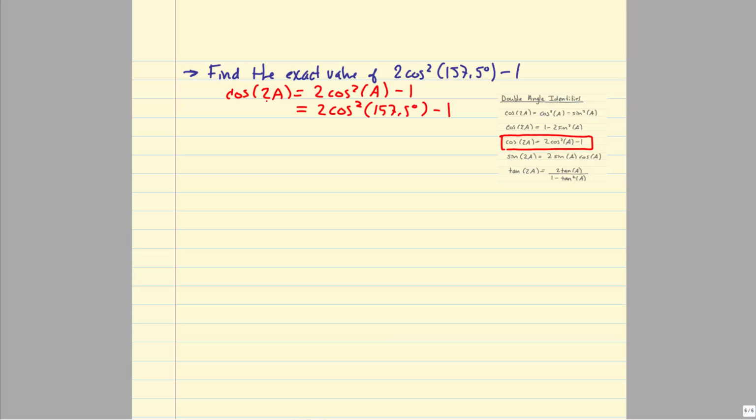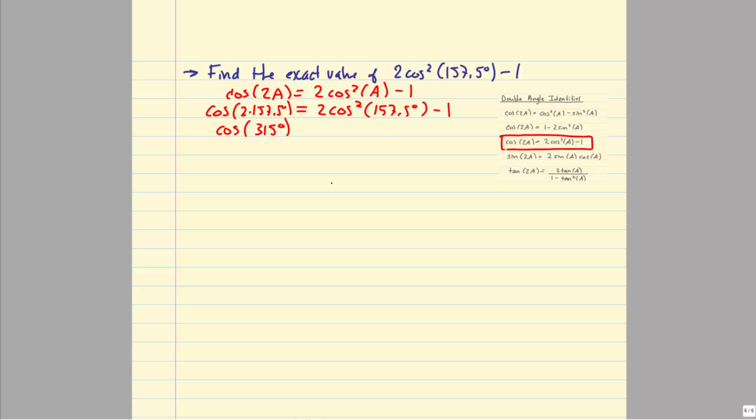So this angle over here has to be twice that. So over here I'd have 2 times 157.5 degrees. Taking 157.5 times 2 is going to leave me with 315 degrees. So the cosine of 315 degrees.